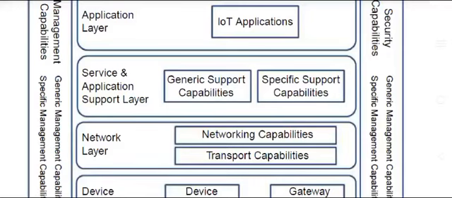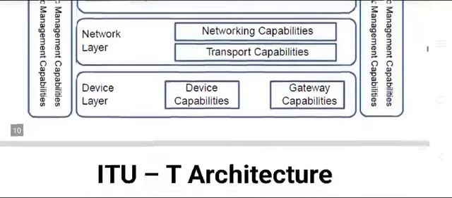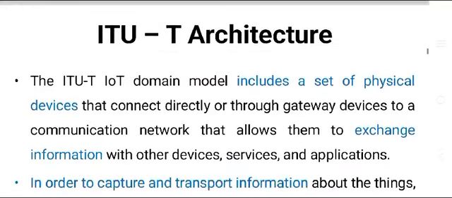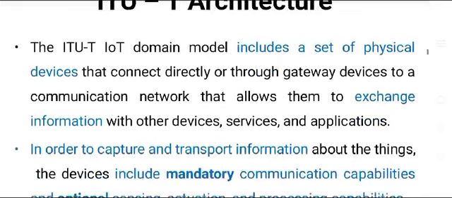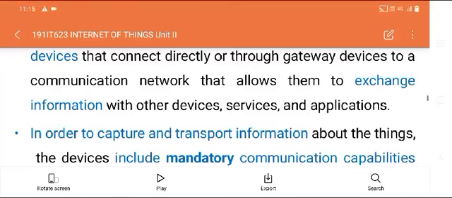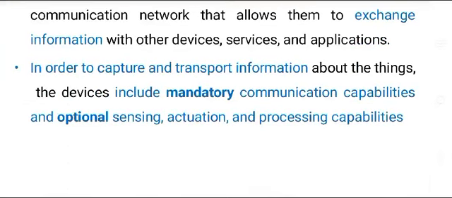This ITU-T architecture can also be used to manage capabilities like generic management capability, specific management capability, security capabilities, etc. Now in brief, this ITU-T IoT domain model includes a set of physical devices which connect directly through the gateway device to the communication network, which allows them to exchange information with other devices, services and applications.